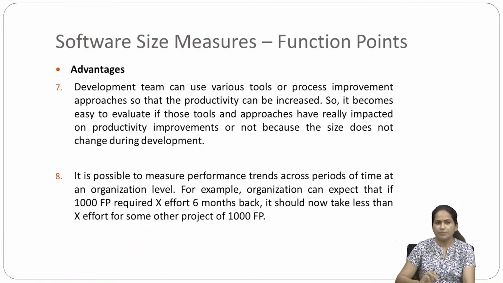Then, the development team can use various tools or process improvement approaches so that the productivity can be increased. To increase the productivity, various tools are available which can be used by the development team.